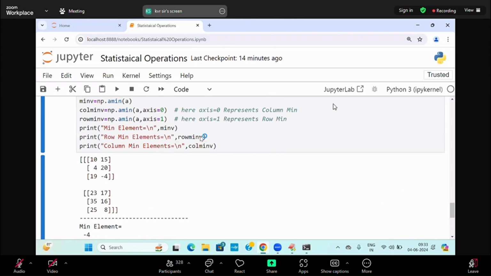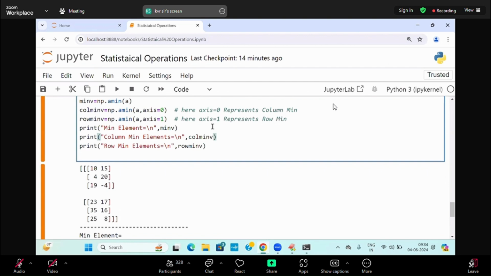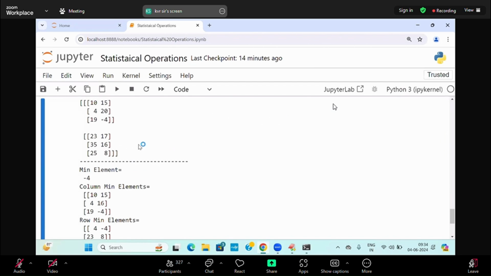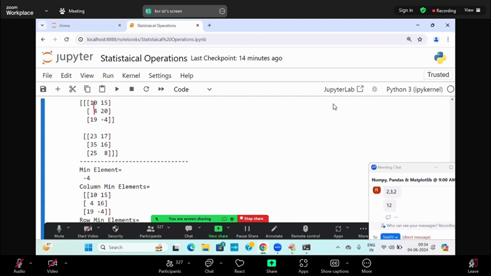I think here we are getting axis is 0. Axis is 0. First, I will consider this part. Anything is okay, not an issue. But the column min values, I want to take. What are the column min values here? If you observe it, in this column, in this column, in this column, in this column, you need to take care.